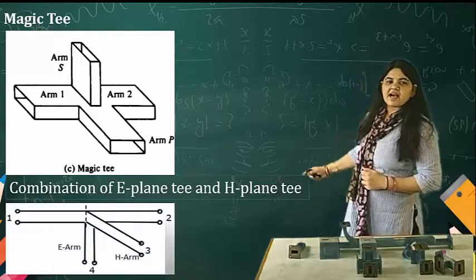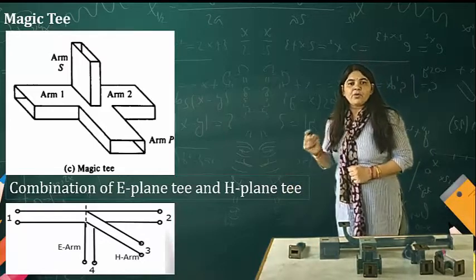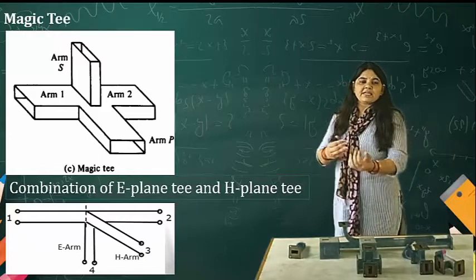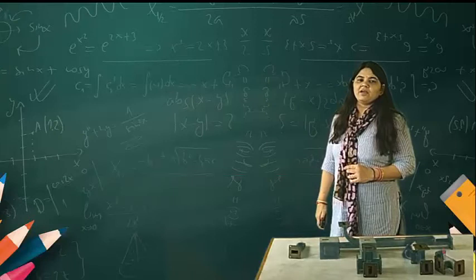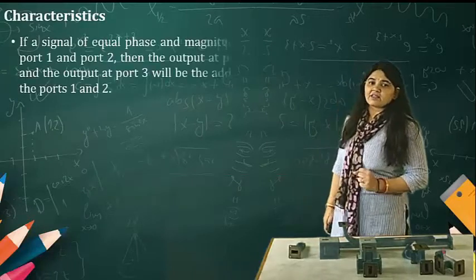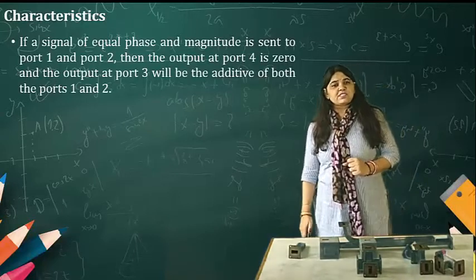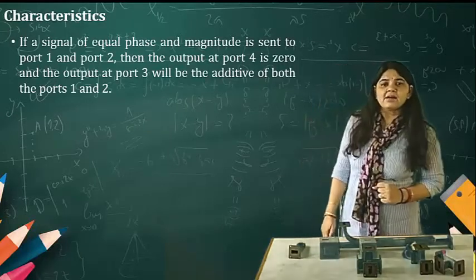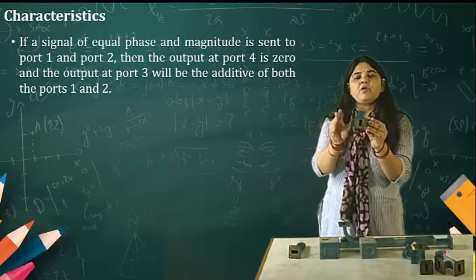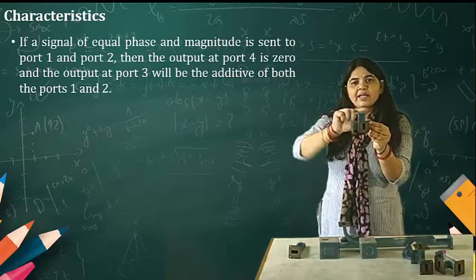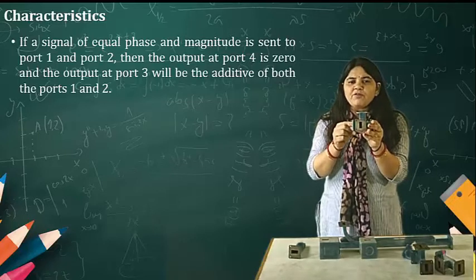This is another view of the magic T. Port 1, port 2, port 3 is the H arm, and port 4 is the E arm. Now the characteristics of this magic T: if a signal of equal phase and amplitude is sent to port 1 and port 2, what happens at port number 4?